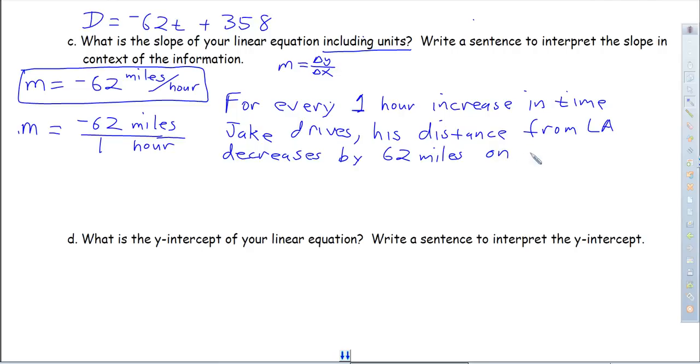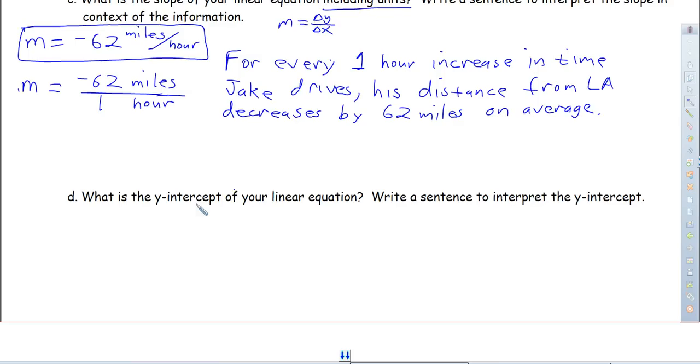And I'm going to say on average here. The slope is also an average rate of change, so we just want to make sure that we put that in there. This is how his distance from LA is changing for every 1 hour increase in time that he drives.